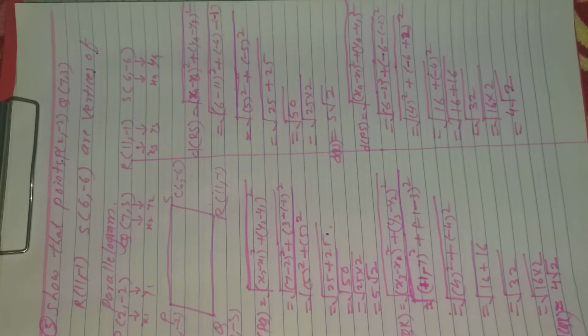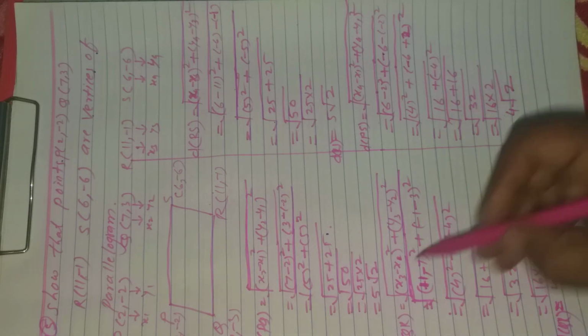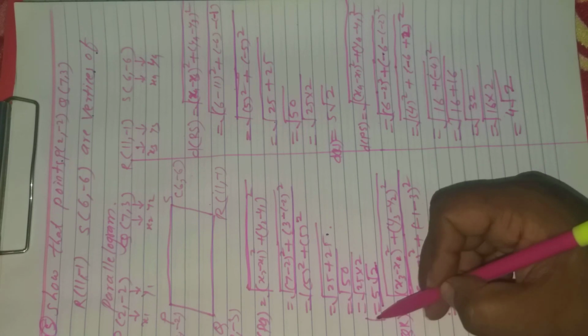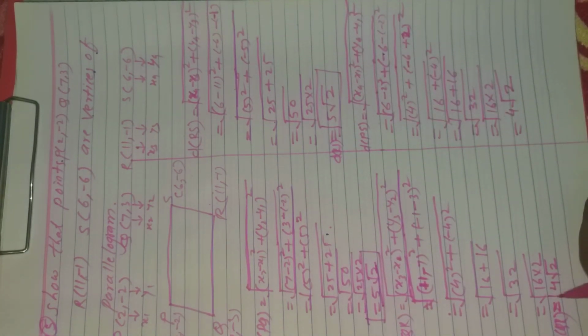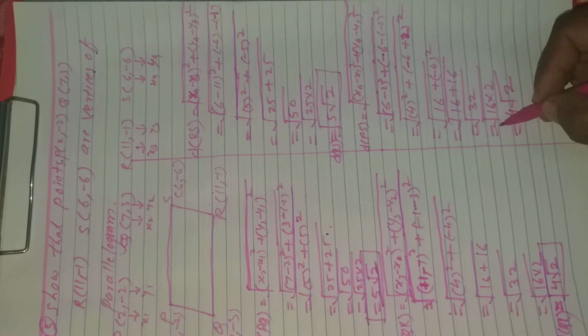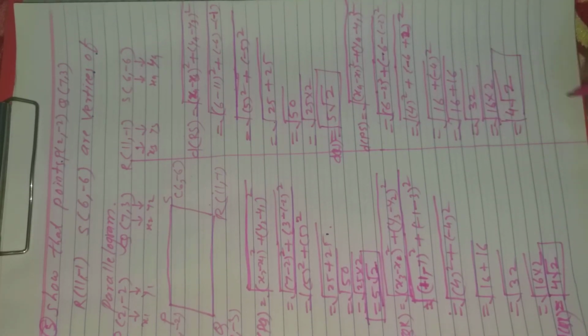So we can say that among these 4 answers, 5 under root 2 and this 5 under root 2 are the same, and 4 under root 2 and this 4 under root 2 are the same.